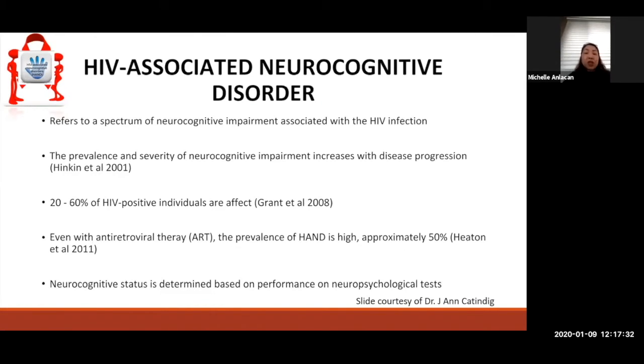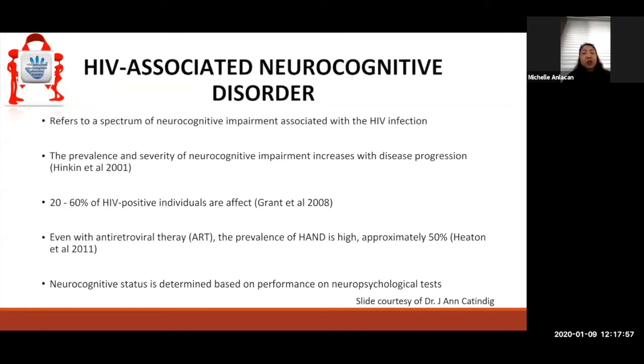So HIV-associated neurocognitive disorder is a spectrum of impairments associated with the HIV infection in the central nervous system. The prevalence and severity increases as the disease progresses. So the values vary from 20 to 60%, depending on who's testing and what tool is actually being used to test.